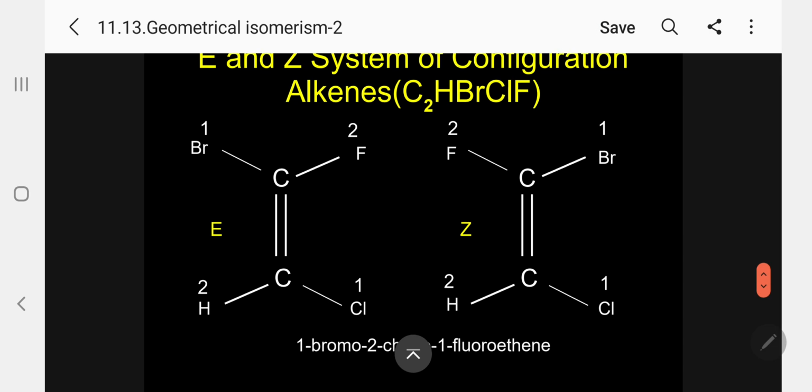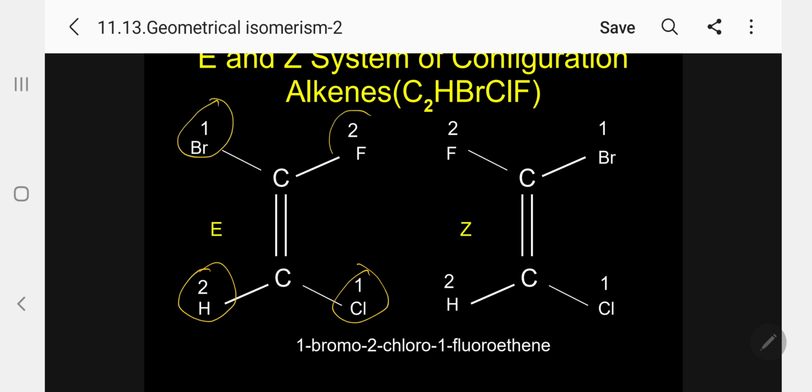I told you I am keeping hydrogen, and I am doing clockwise movement. Bromine occupies here, then automatically the fluorine goes here and chlorine comes over here. Now I will give the numbers. This is 1 according to atomic number, this is 2. And here according to atomic number, 1 and 2.